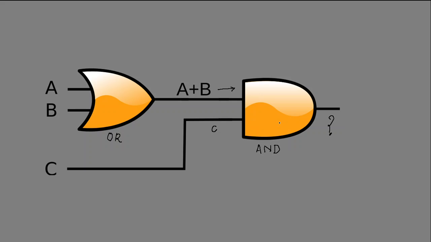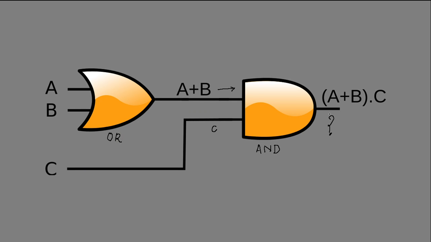The AND gate's terminology is that if any number of inputs are given to an AND gate, then the AND operation or AND logic will be replaced by the dot sign, right? So the dot symbol will be placed between the inputs. Here the inputs are A plus B and another input is C. So at the output side you must get the dot combination of these two inputs, and it will look like this, right?